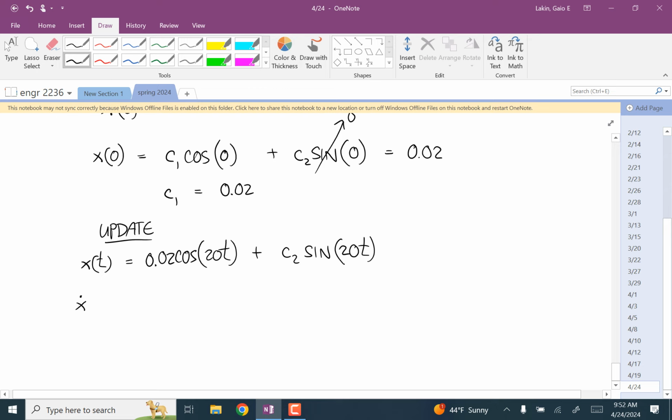So now x dot is equal to negative 0.4 sine of 20t plus 20 C2 times the cosine of 20t.